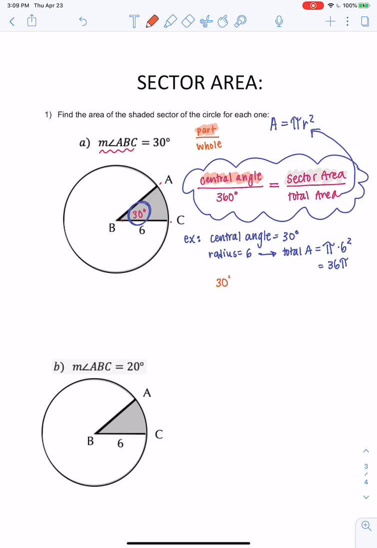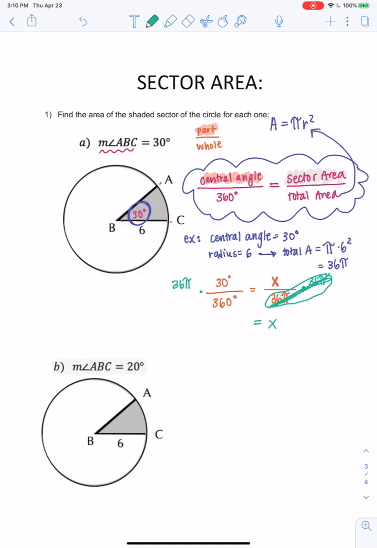So 30 degrees over 360, there's always 360 in there. Sector area, that's what we don't know, so we're going to give it a variable x, over total area, 36 pi. Great. Now we want to get x alone, so we're going to multiply by 36 pi because multiplying and dividing undo each other. And what we do to one side, we have to do to the other as well. So these two go away.